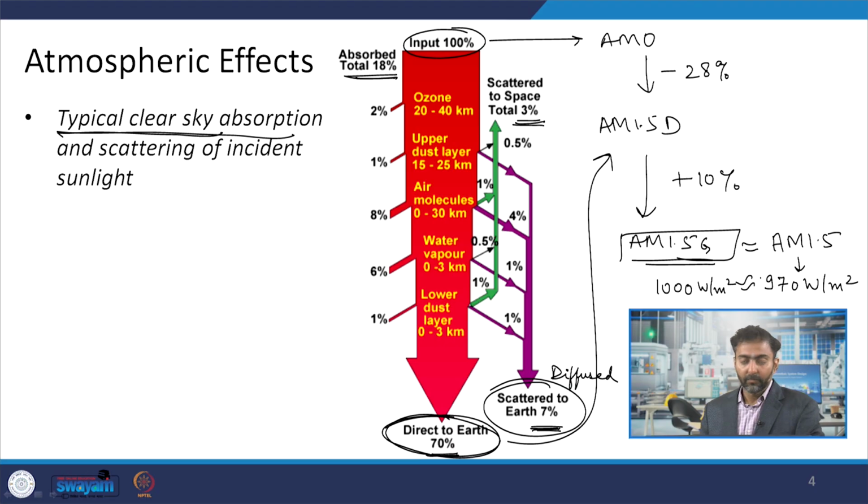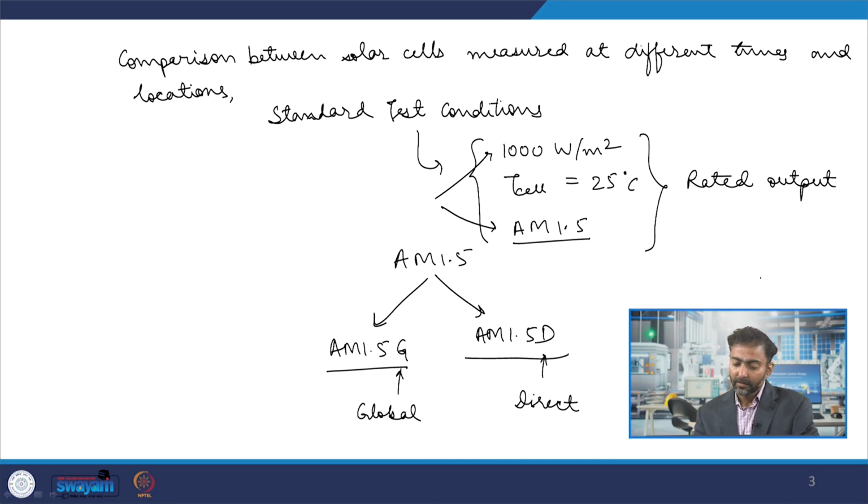So, that is how we arrive at that value of standard test conditions, that 1000 watt per meter square and AM 1.5, these two are tightly linked with each other. When you consider the AM 1.5 radiation, which is also called the AM 1.5G radiation, then the corresponding total radiation intensity would be 1000 watt per meter square.